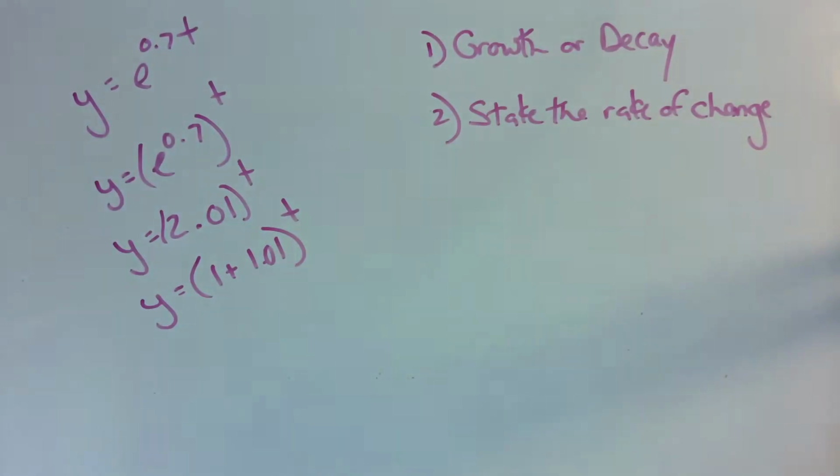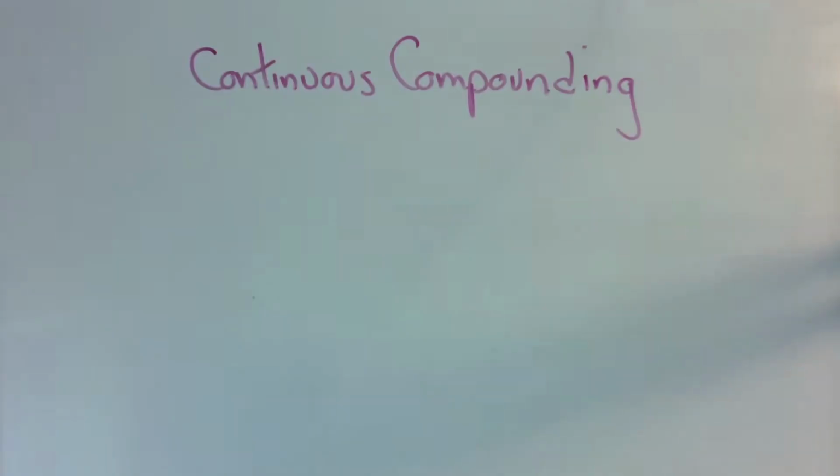Okay, let's take a look at continuous compounding, which is another place that e gets used. So first of all, what is continuous compounding? Well, interest gets calculated with a certain amount of frequency. Annual interest gets calculated once a year.